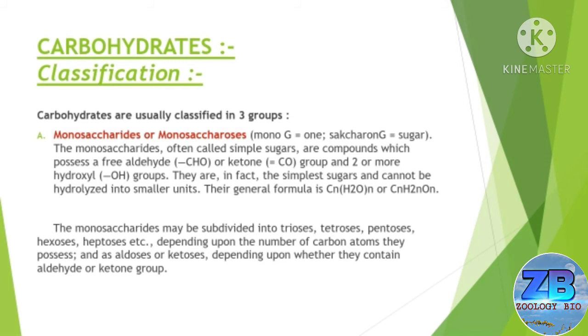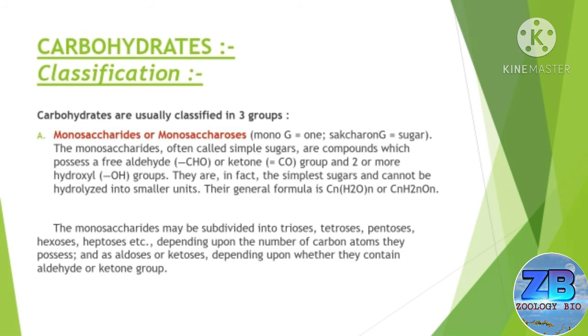The monosaccharides, often called simple sugars, are compounds which possess a free aldehyde, that means CHO, or ketone, that means double bond CO group, and two or more hydroxyl, single bond OH, groups. They are in fact the simplest sugars and cannot be hydrolyzed into smaller units.